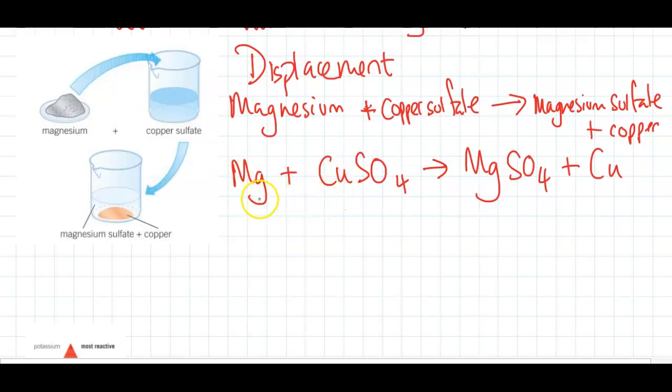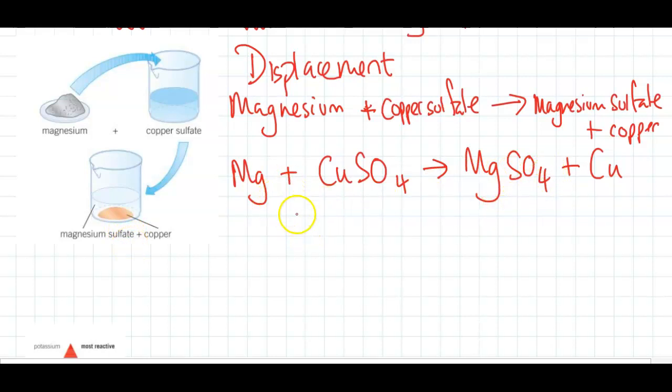Magnesium is above copper in the reactivity series. The magnesium has taken the sulfate away and pushed the copper out, so it's on its own in the solution down here. The copper has been removed from its sulfate partner.